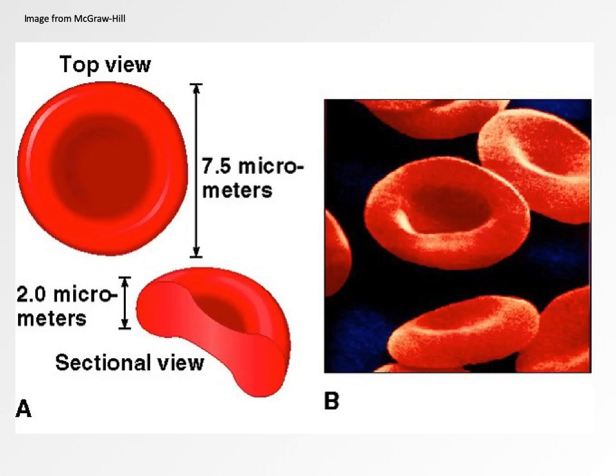So if we look at the erythrocyte, notice the biconcave shape, and notice the central collapsion of the cell. It's that central collapsion of the cell that's going to lead to the increase of surface area for gas exchange as well as for hemoglobin collection. Notice the size of 7.5 microns by 2 microns.